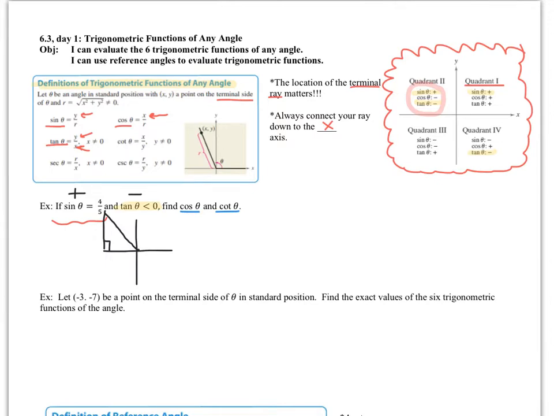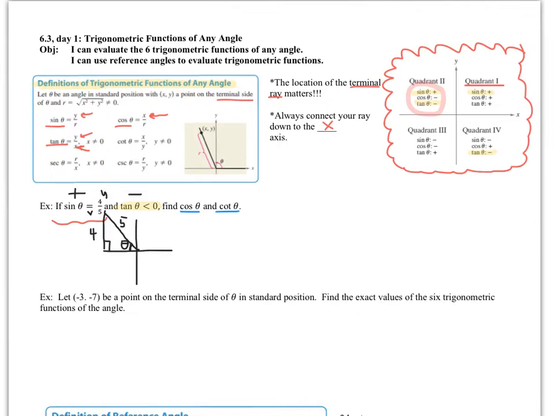Now our theta is going to be the angle that is adjacent or right on that x-axis. That's where we'll always put our theta. It says if sine theta equals 4/5, that sine value is y over r. So the y value would be +4, and r, which is our hypotenuse, is that +5. That's how we would generate those side lengths.